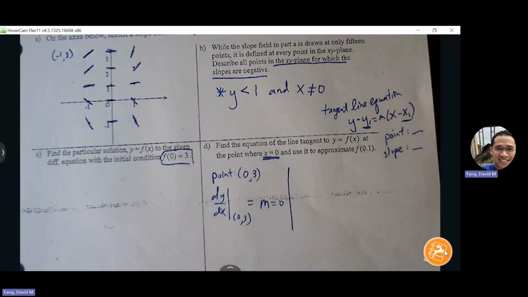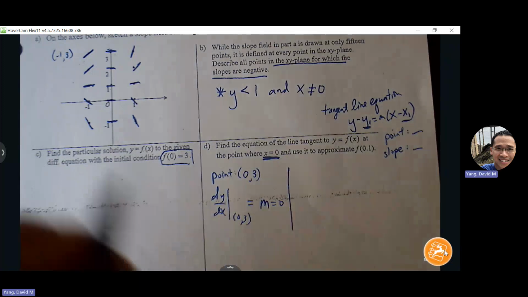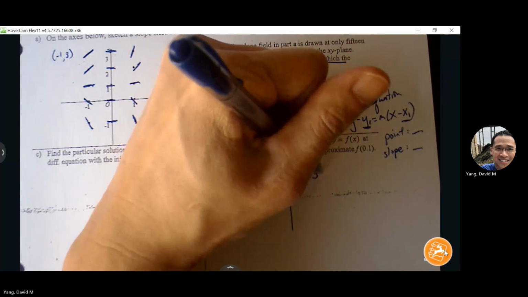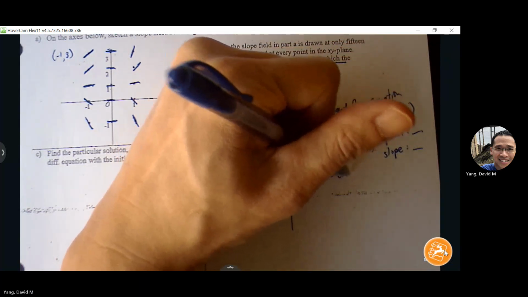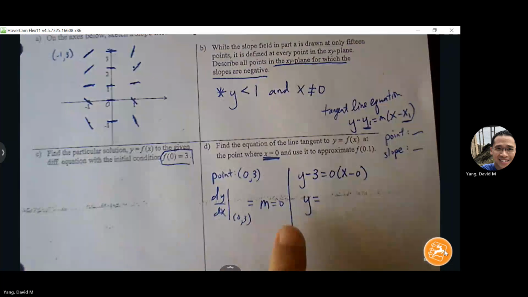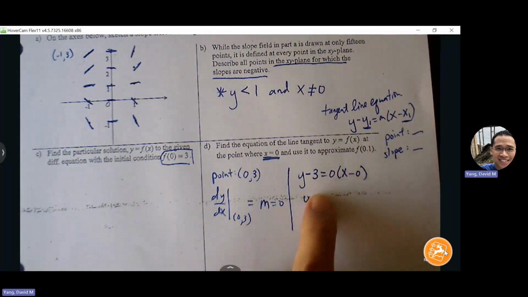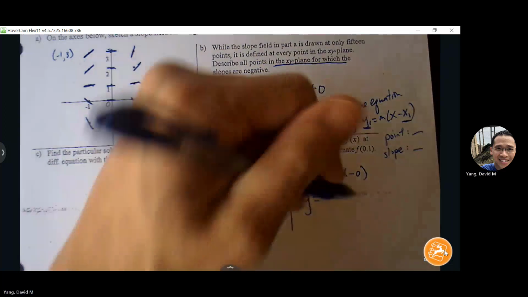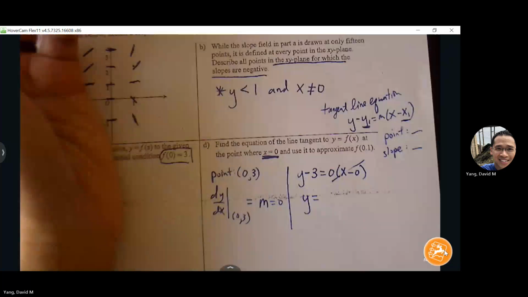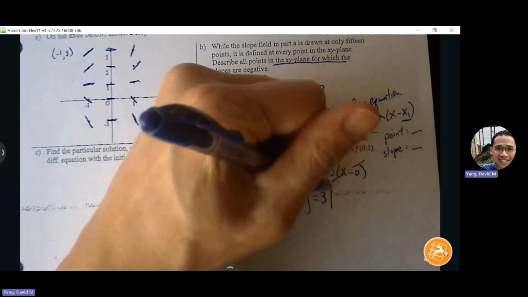Okay. So you take your ordered pair and your slope, put it into your point slope form. All this wipes out, so y is equal to what? 3. So this is our tangent line equation.